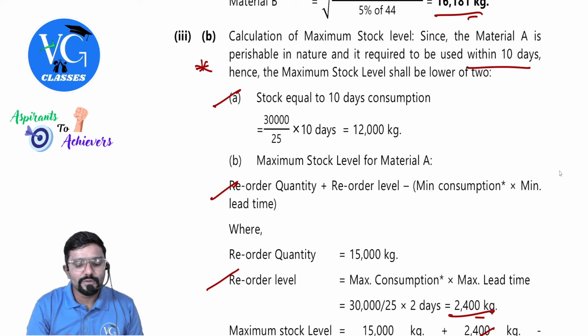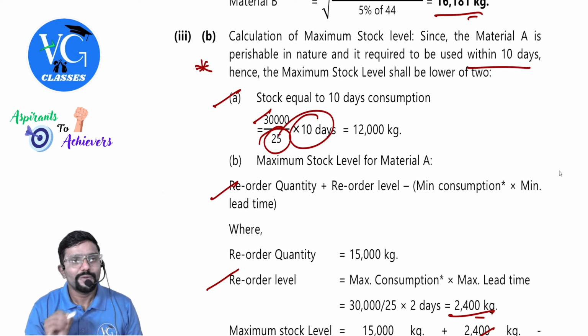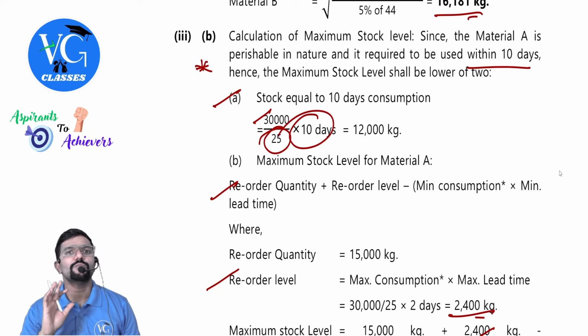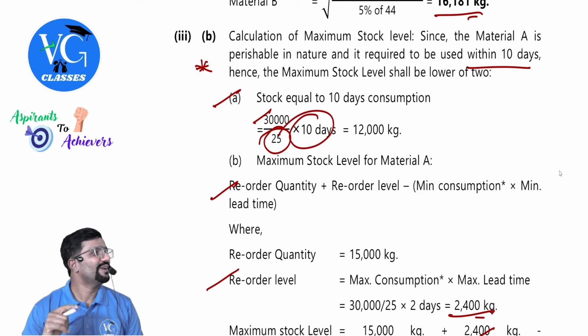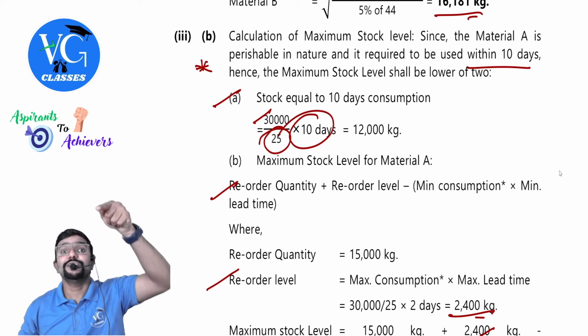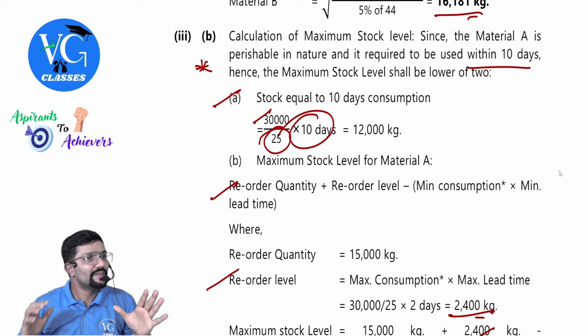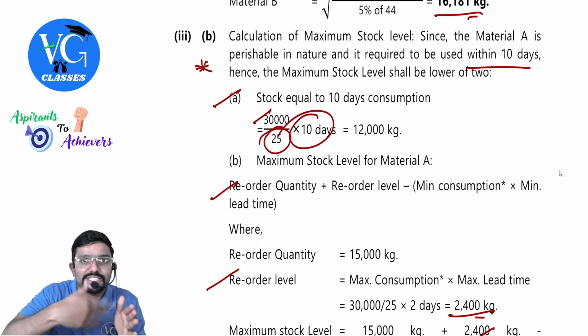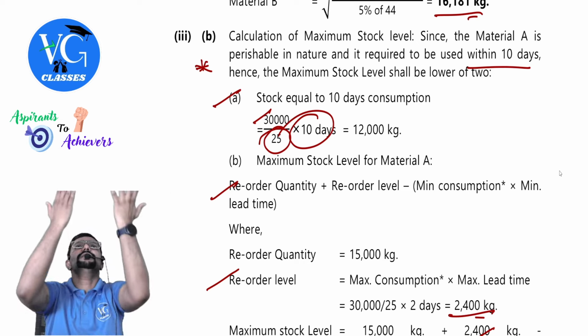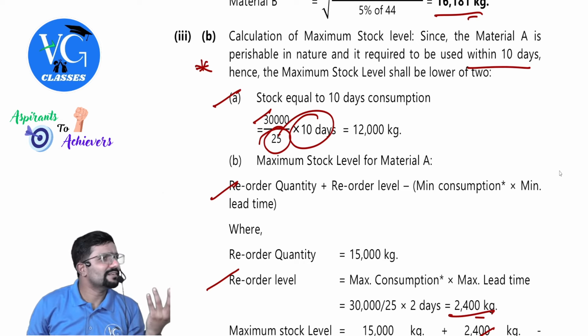Sir, 30,000 we will use for 25 days. How much for 10 days? 12,000 kgs. Can I store more than this? No. Why? Even if I store, the remaining will become loss. They are purchasing 15,000 units now, na? Yes. They will use 12,000 units in the first 10 days. The remaining 3,000 is gone, waste.